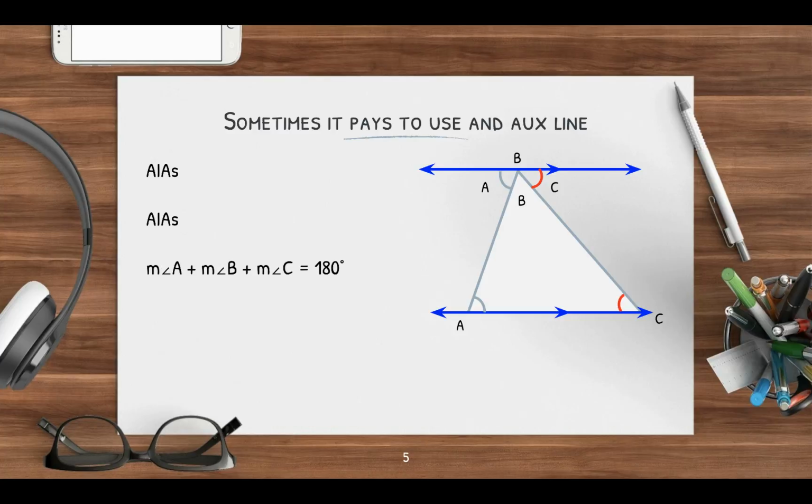You also have measure of angle A here, measure of angle B here, and measure of angle C here. So the interior angles of a triangle add up to 180 degrees.